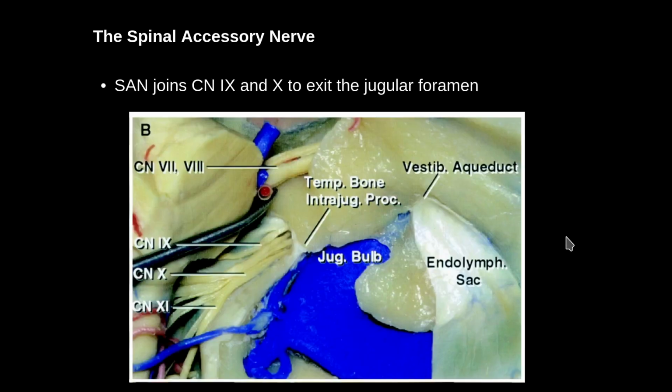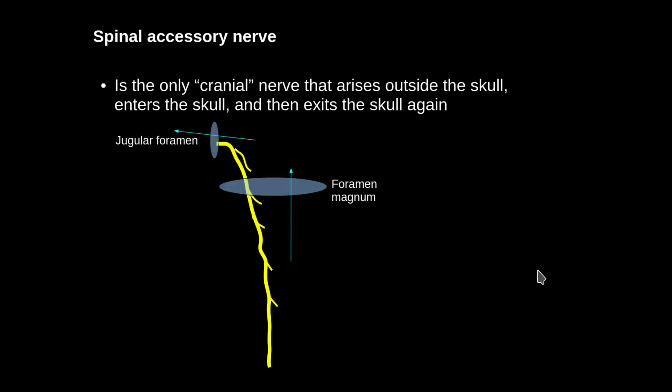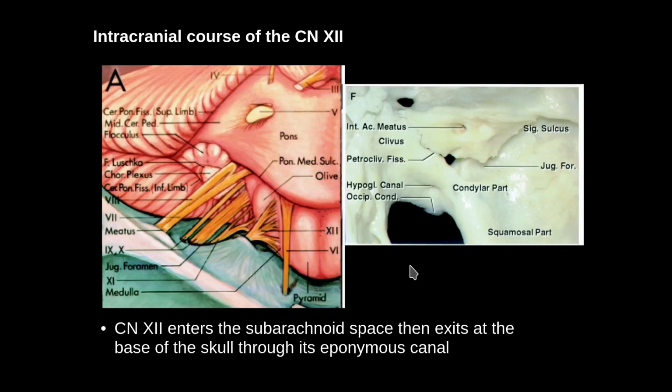So the spinal accessory will join together with the 9 and 10 to exit the so-called jugular foramen, a very large hole at the base of the skull, because that's where the internal jugular vein exits. So distinction, it goes into the cranium, then goes out the jugular foramen. So a spinal and cranial nerve at the same time. Then the hypoglossal nerve, as mentioned earlier, exits its eponymous hypoglossal canal. So a very tiny canal for a nerve all by itself.